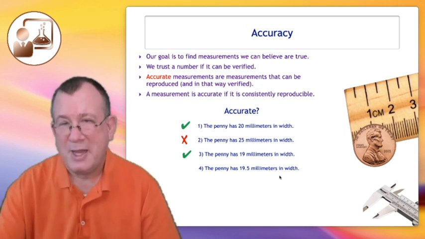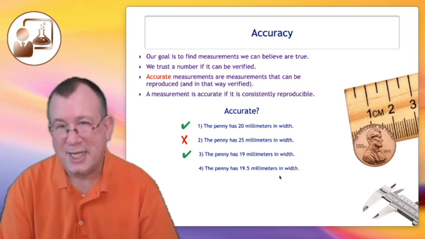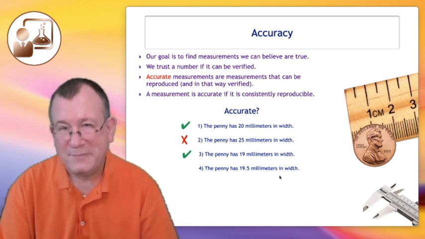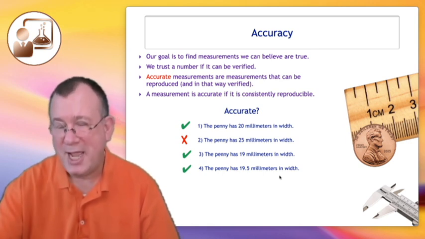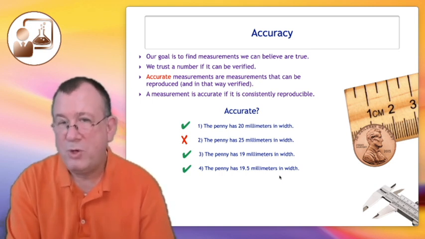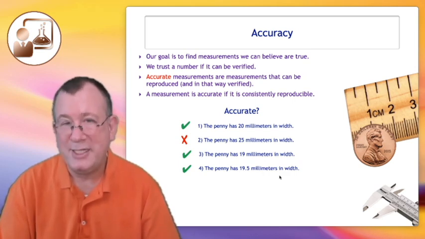In fact, if I told you that it had 19.5 millimeters in there, I can see that it's at least 19, and I can actually see that it's not 20 yet. So 19.5, that is a reasonably accurate measurement. In other words, if I took the measurement, you took the measurement, we could both see that it's more than 19 and it's less than 20, and we're both likely to put something like 19.5.